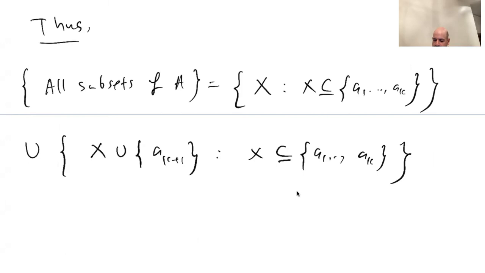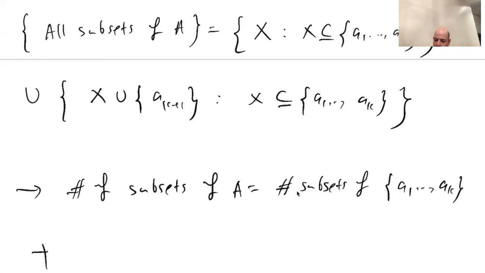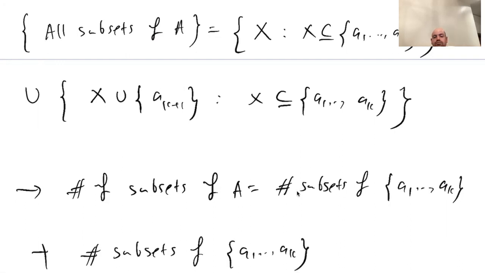So then that means the number of subsets of A equals the number of subsets of A1 to Ak plus the number of subsets of A1 to Ak union A_{k+1}. The number of elements of this set is the number of subsets of A1 to Ak, plus the number of elements of this set, because these two sets have no intersection, right?